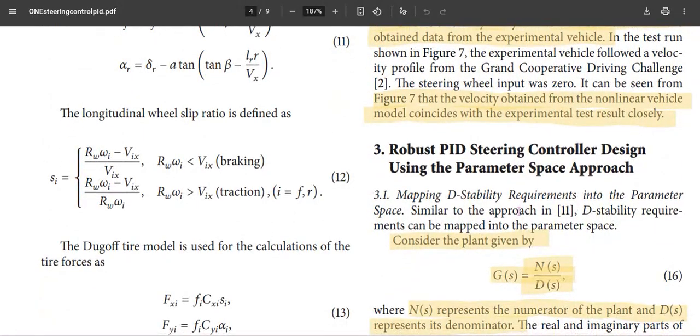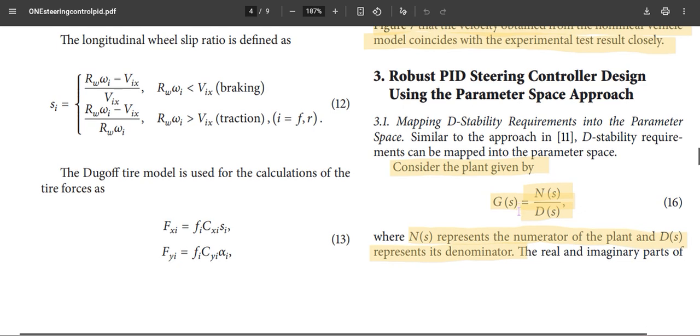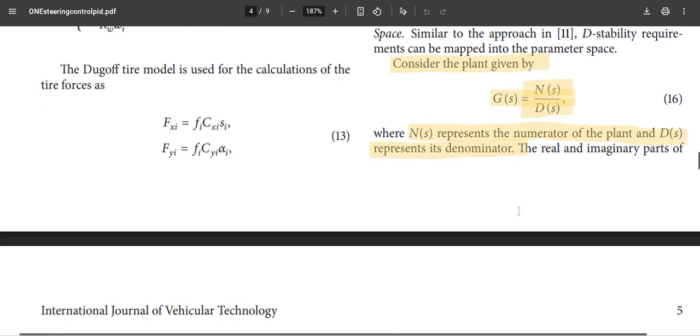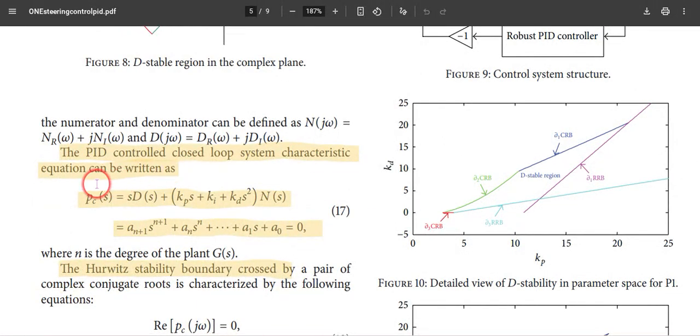Based on those, we utilize them to develop the controller. For example, for a linear system, they make characteristic equations in the frequency domain using a Laplace transform, where n is the numerator and d is the denominator, and based on that they identify the characteristic for the PID closed loop system, equation 17. It can be turned into a polynomial equation of nth order.